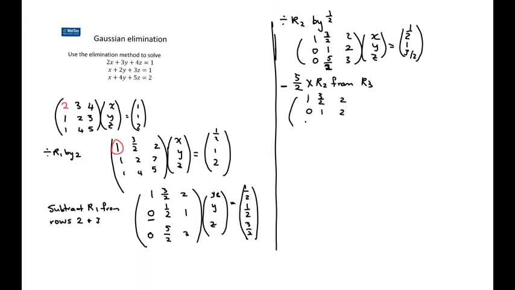So now we've got 0, 0, -2. And we do the same to the last element.